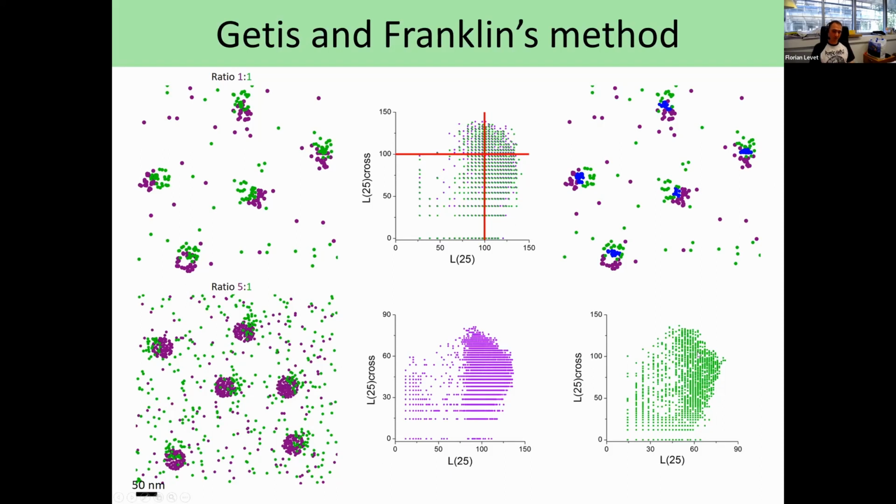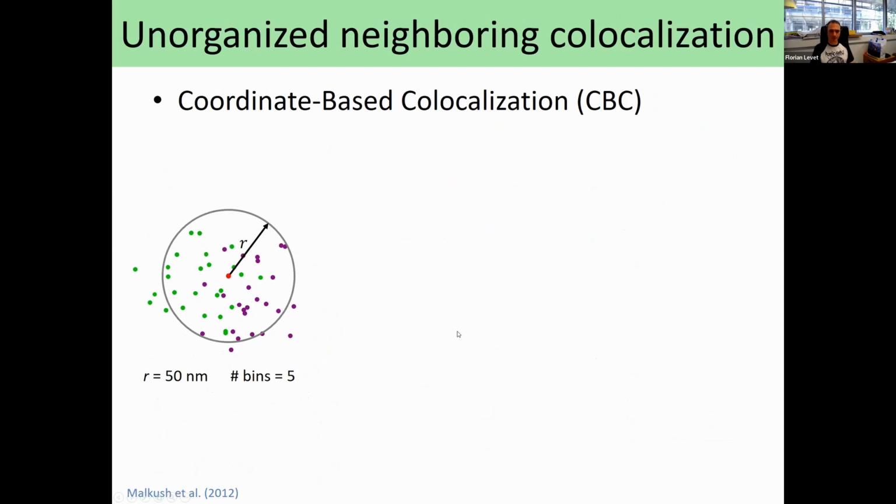So it's working pretty well, but what we saw is that it's not as robust as K-Ripley to density, so you usually need to change the thresholding if you have very, very different ratio.